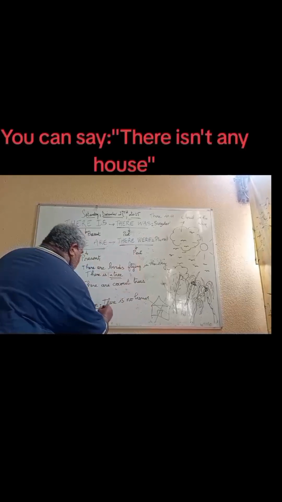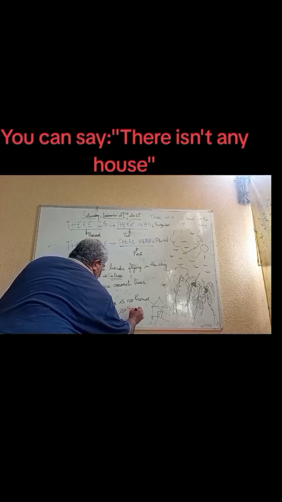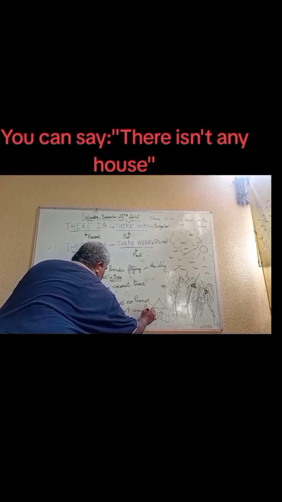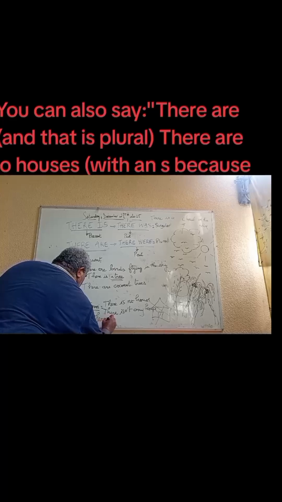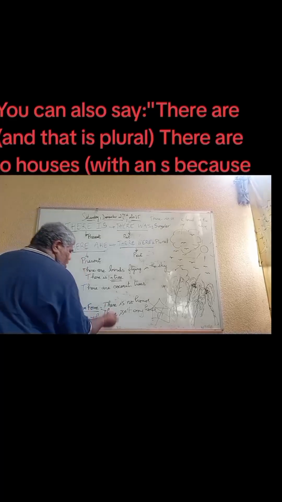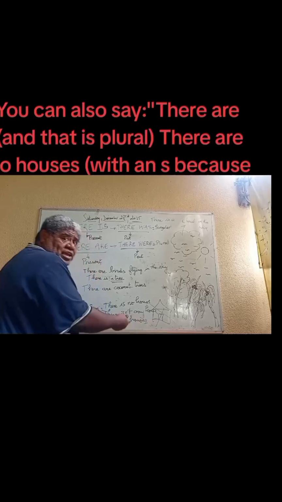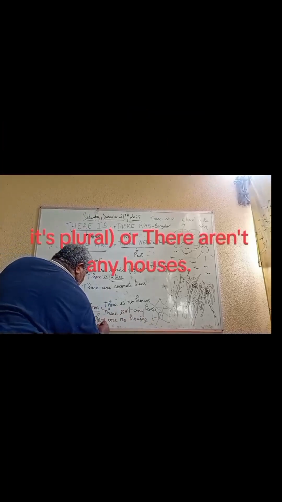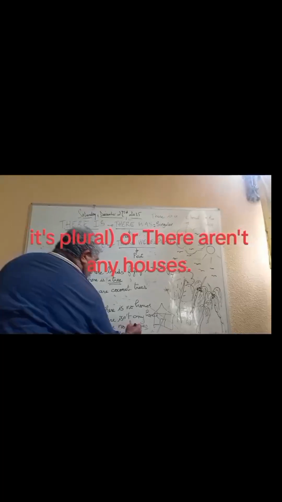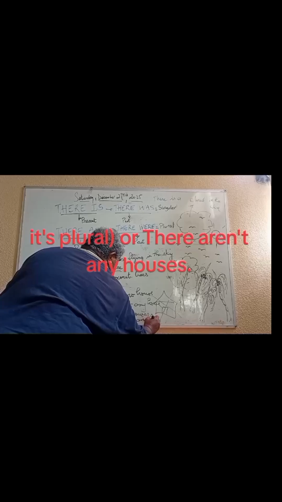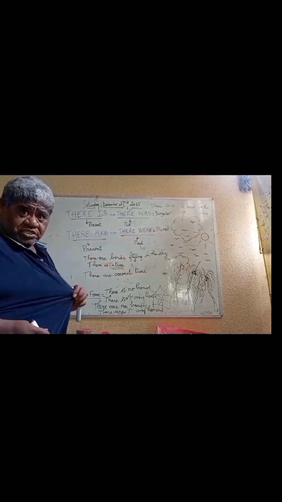You can say, there isn't any house. You can also say, there are no houses, with an S because it's plural, or there aren't any houses.